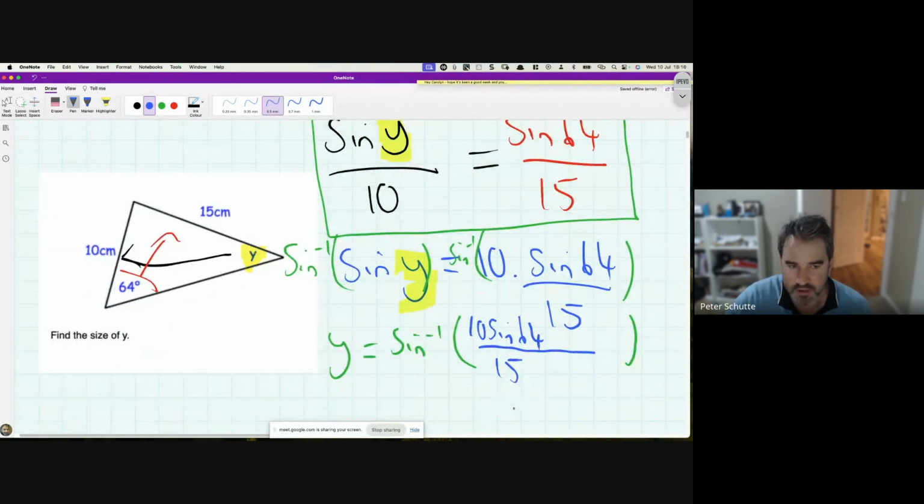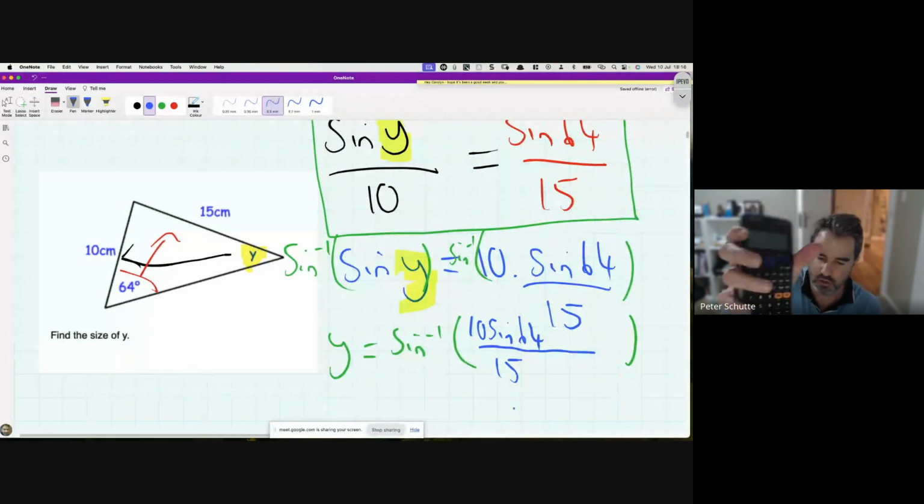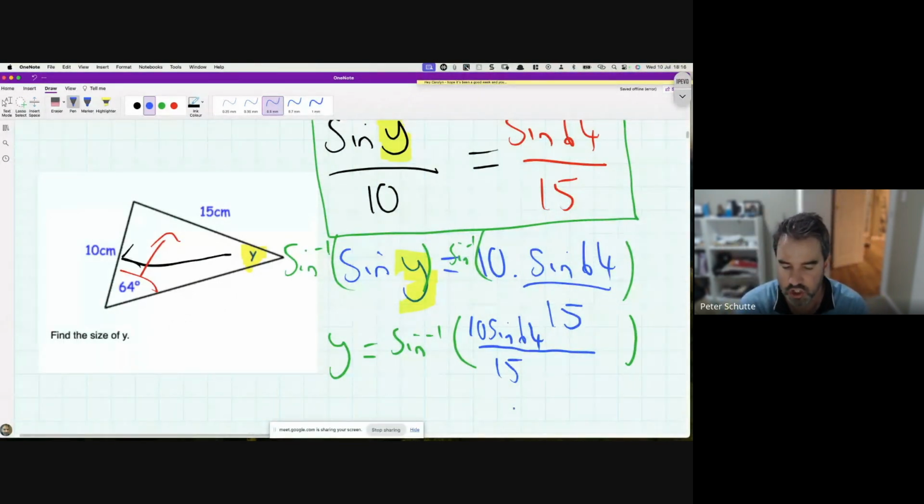So even if we don't understand this yet, I want us to take out our calculators, and we're going to do this together. We're going to go shift sine, fraction button, 10 times the sine of 64, close brackets, over 15. And then you're going to close the big brackets. And in the chat, I want you to tell me what you guys get.